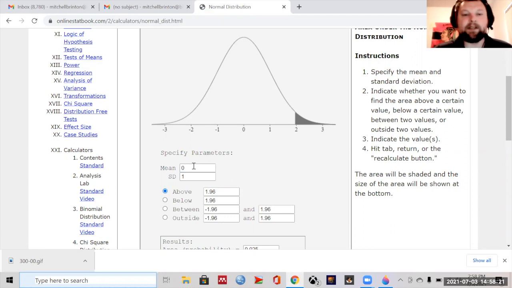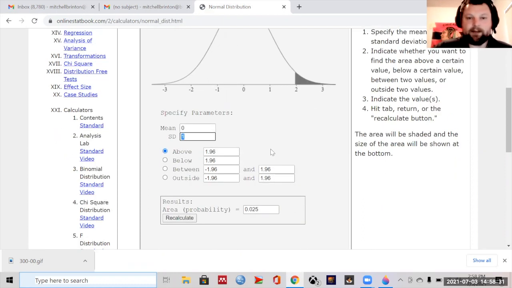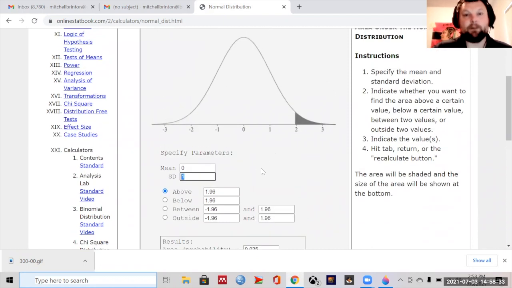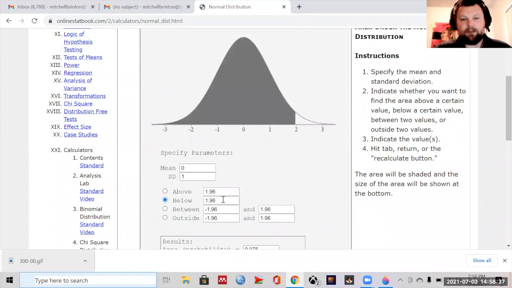To do that, we'll set our mean to 0 and 1. The z-score for the mean is always 0, and the z-score for one standard deviation is 1. And since percentile rank is all scores that fall below a certain score, we will hit below, and I have already calculated my z-score of 0.33.